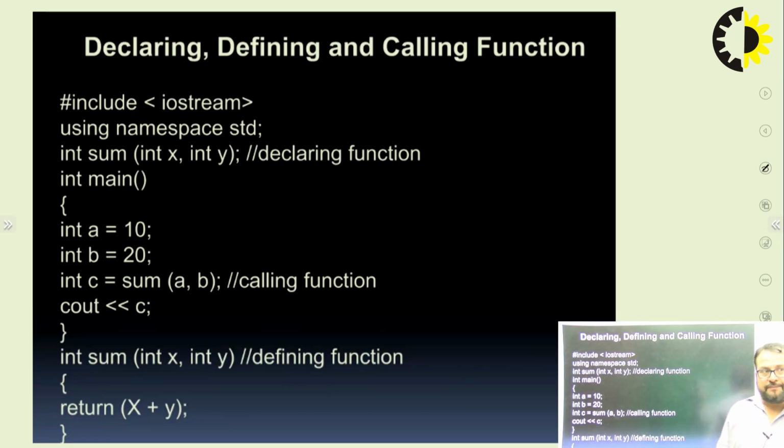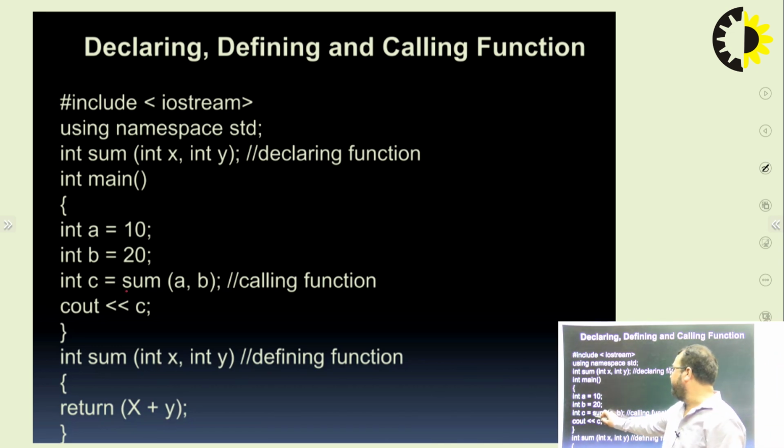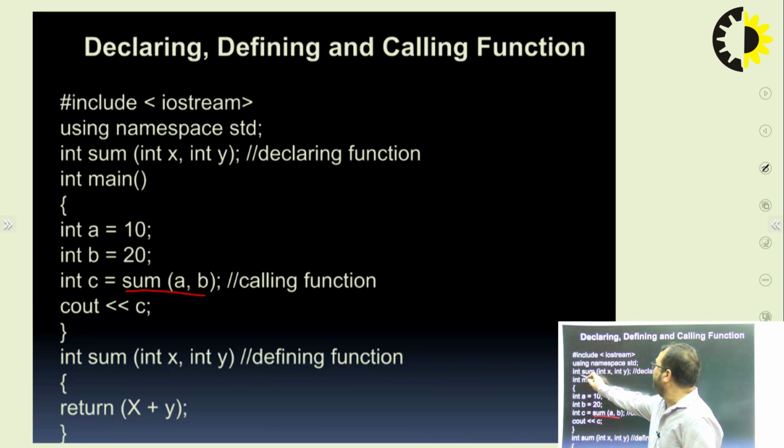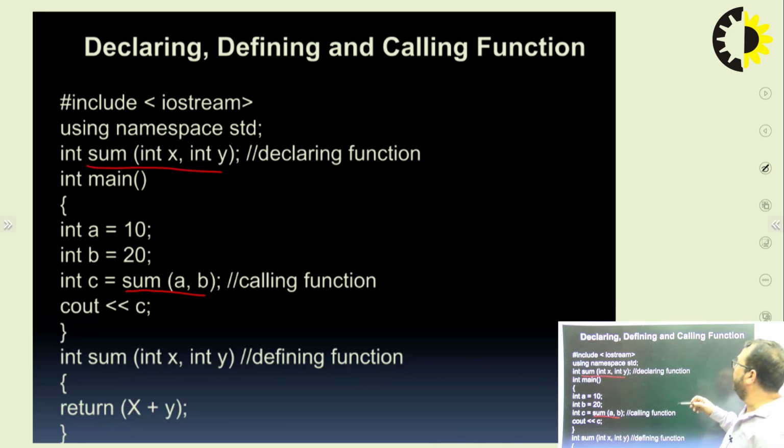For example, let's see with this example: sum is a function, and this function takes two arguments, a and b, 10 and 20. So how are we going to use this? Just to show how the compiler is going to understand it, the user needs to write the declaration portion, which we call the prototype.